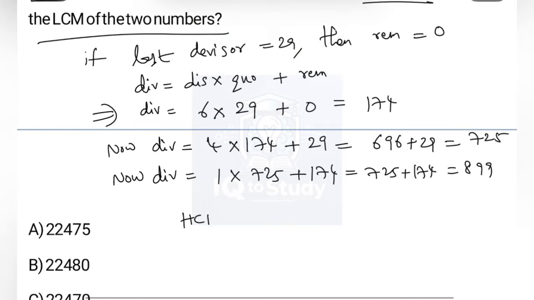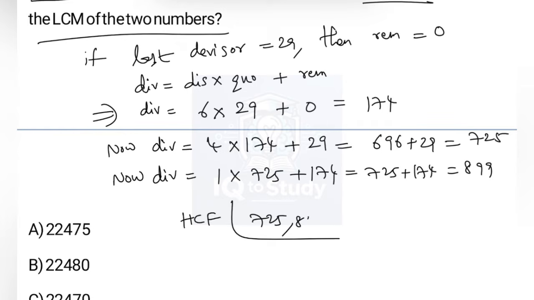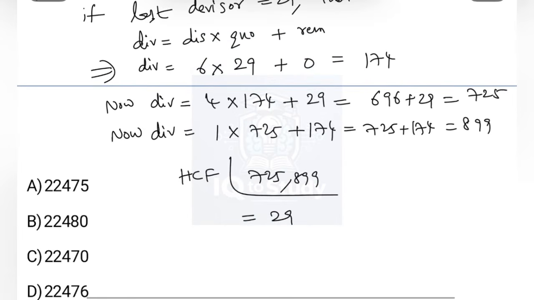Now take the HCF of 725 and 899. It is equal to 29. We have to find the LCM of two numbers.